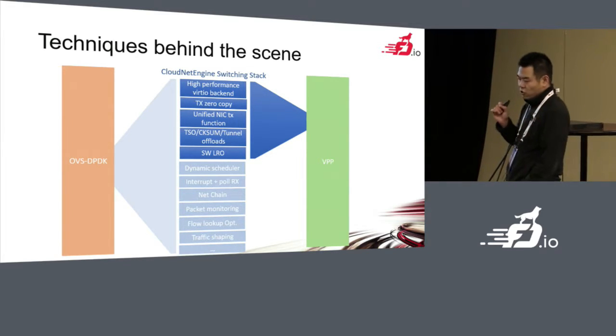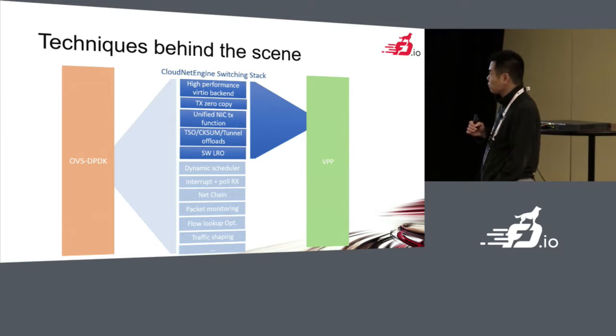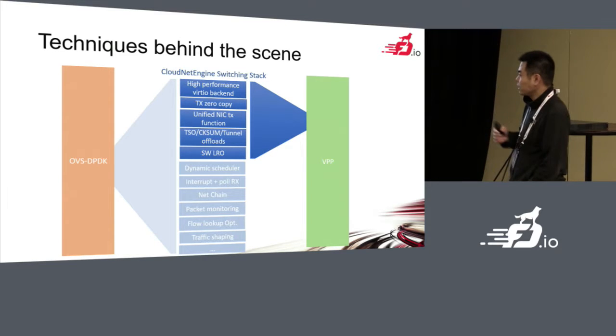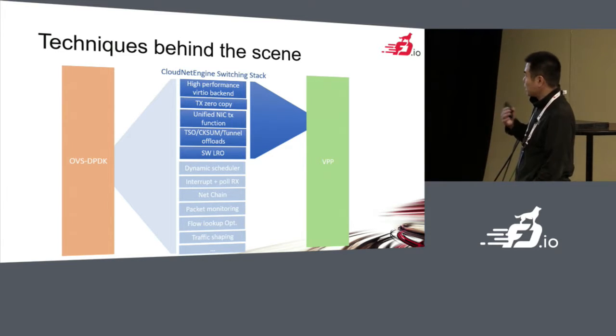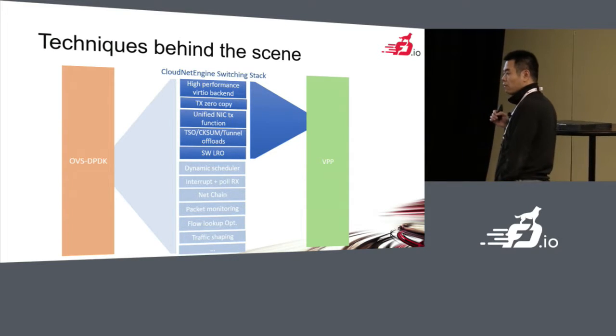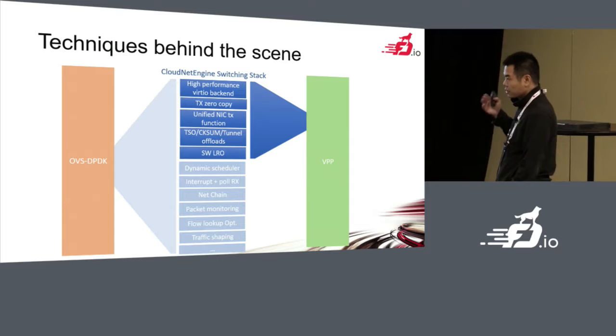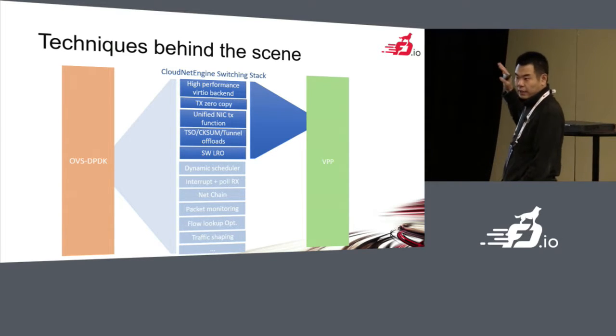The most critical thing in the virtio backend is that there are a lot of cache misses, so we need to avoid them as much as we can. Another thing is that right now the virtio backend in VPP doesn't have offloading capabilities, so we need to add checksum and TSO offloading in the virtio backend.